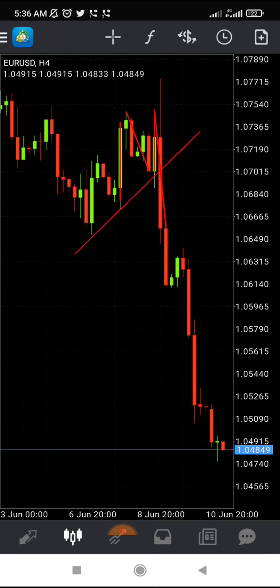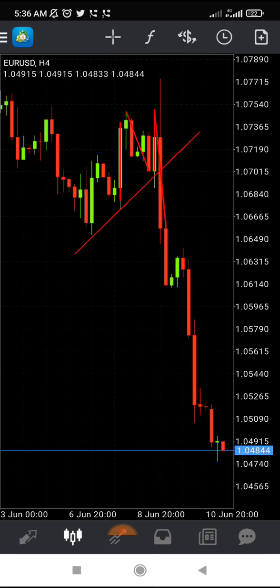If you can master how to draw a trend line and how to spot these patterns, you are done with, let me say, 50 to 60% of the work. The remaining thing is just how to enter a trade and then lock your entry. By now you should know how to enter a trade. So what I should be focusing on is how to enter and lock your entry using this same strategy, not another strategy.